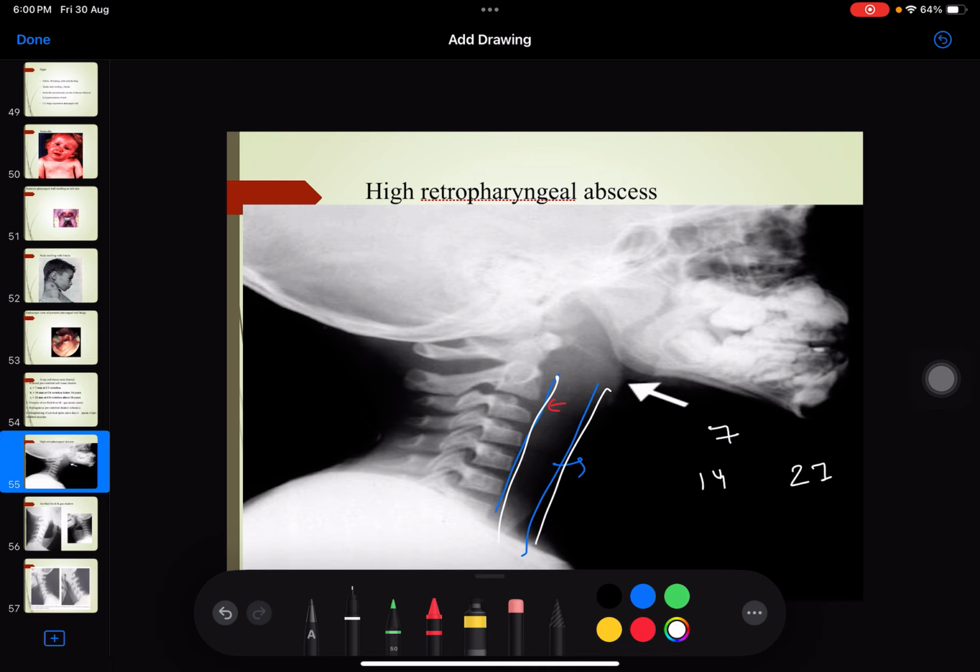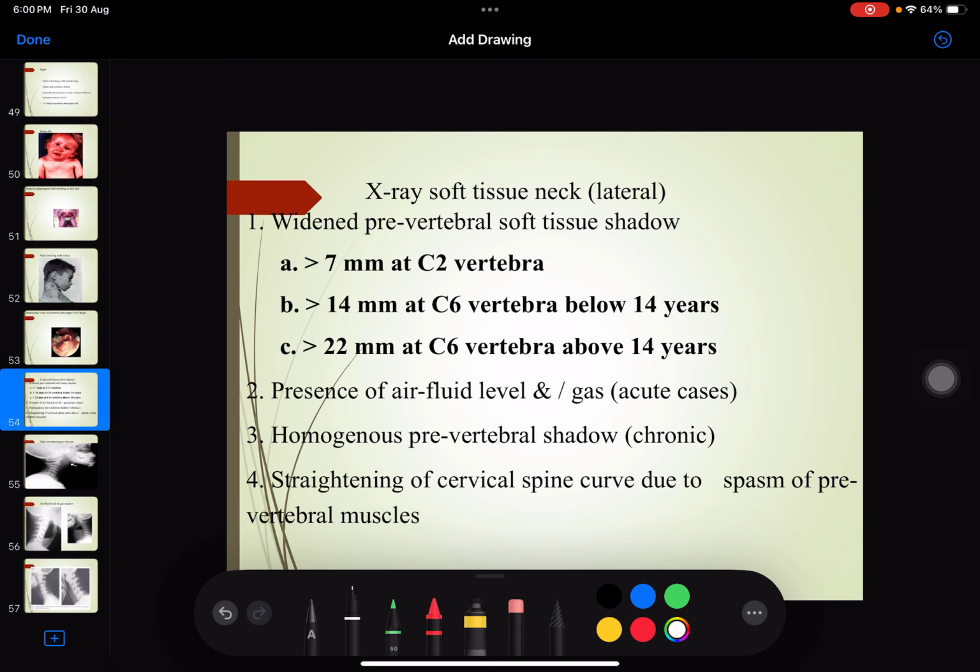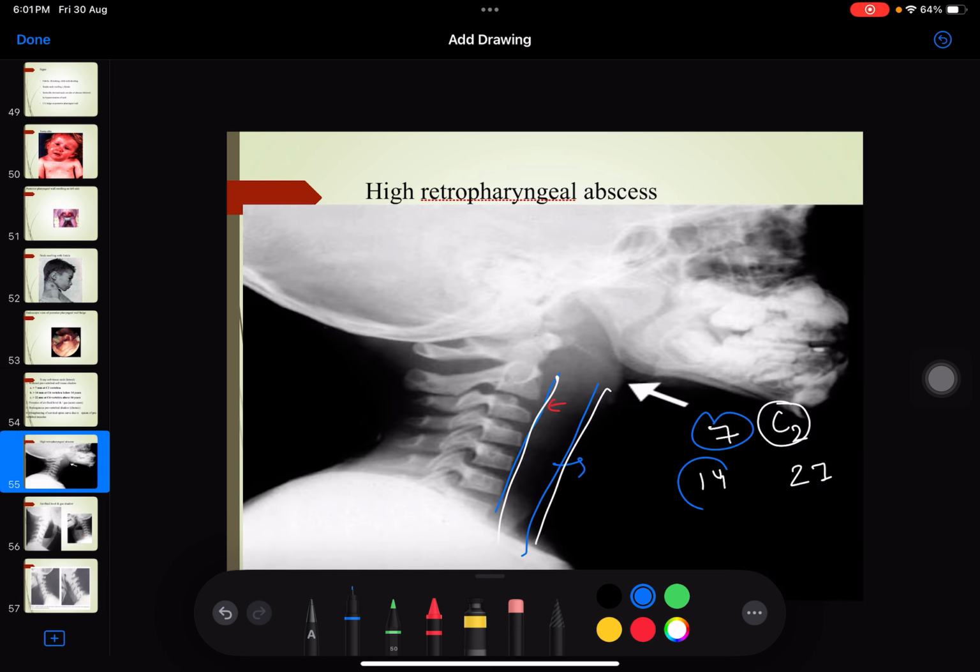Remember with this mnemonic. This is C2. At the level of C2, it is more than 7 mm. At the level of C6, 14 mm in children and 22 mm in the case of adults. So I told you 7, 14, 21, all multiples of 7, you can remember it in this way.